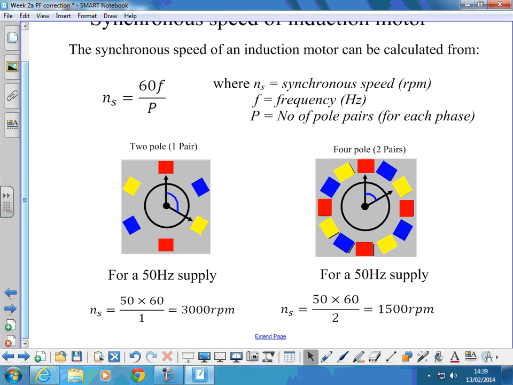At 500 RPM, yeah. Alright? So for a 4-pole, 2-pole pair motor, they'll halve the speed to 1500 RPM. And they're quite common, 1500 RPM synchronous motors, probably the most common of all.